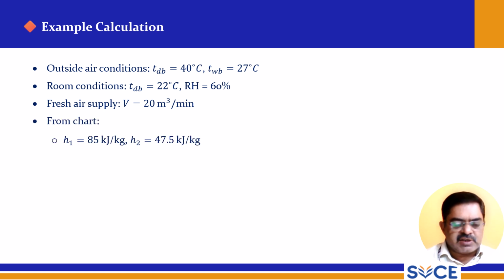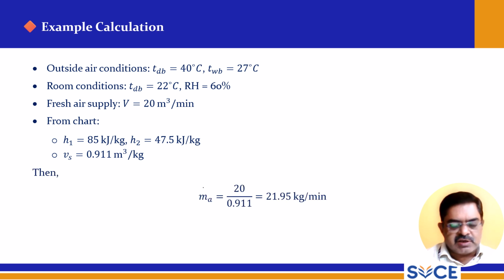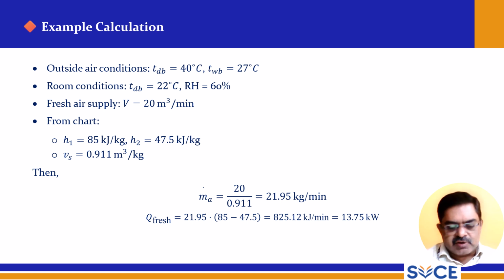From the chart, H1 equals 85 kilojoules per kg, H2 equals 47.5 kilojoules per kg, Vs equals 0.911 meter cube per kg. Then Ma equals 20 by 0.911, which is equal to 21.95. So Q fresh equals 13.75 kilowatts.